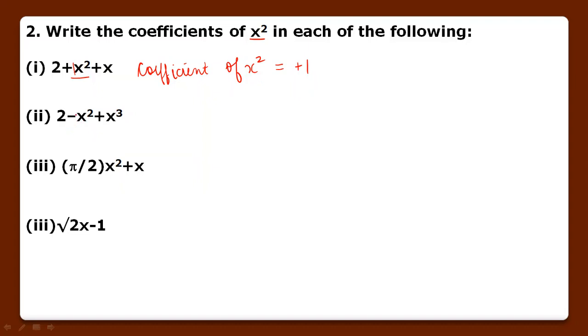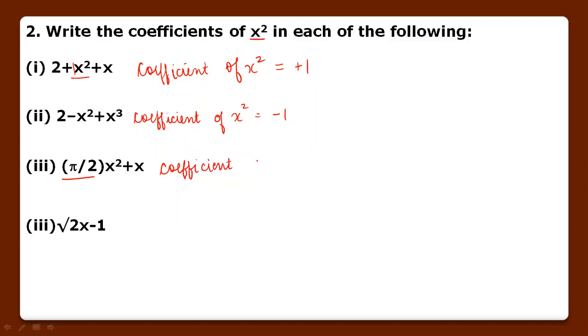Now second part, again here it is 1 but here the sign is minus. So we will write here coefficient of x square is equal to minus 1. Now here it is pi upon 2 x square plus x. So this is the coefficient of x square here because this is the number part or constant part.